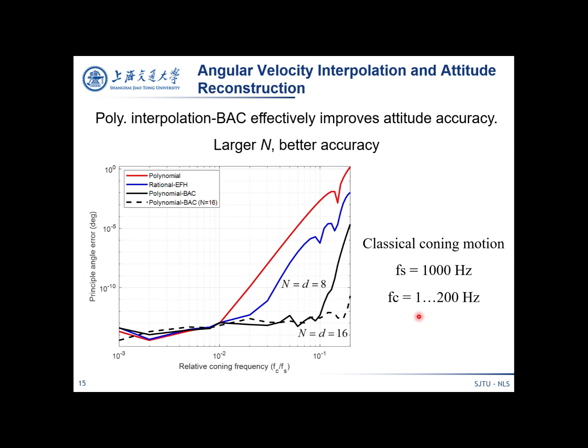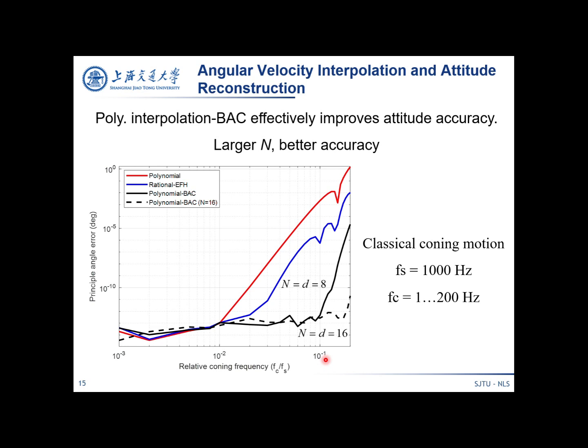The classical conic motion is used to assess the attitude accuracy of different interpolation methods. This figure plots the principal angle error as a function of the relative conic motion coning frequency, that is, the ratio of the coning frequency relative to the signal sampling frequency.